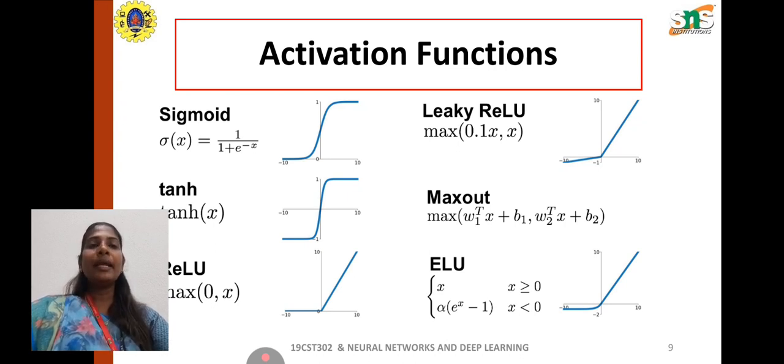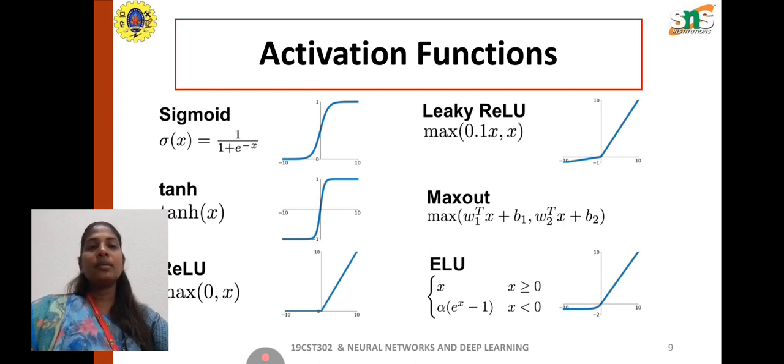Then maxout, which represents the max of w1 transpose x plus bias b1, comma w2 transpose x plus b2. Then ReLU, rectified linear unit, is the max of 0 comma x. It falls only at the 0th position and positive values; here there is no negative value.